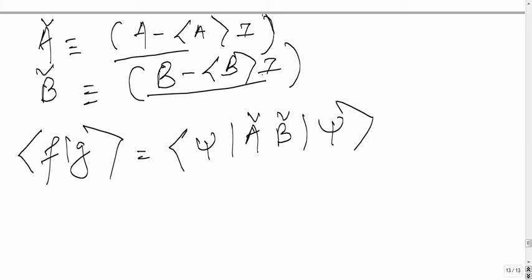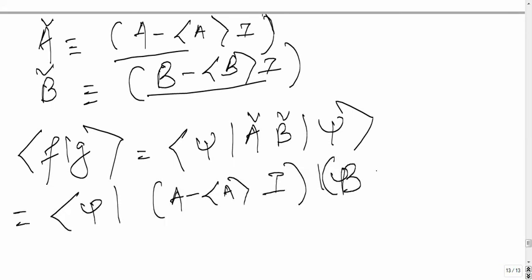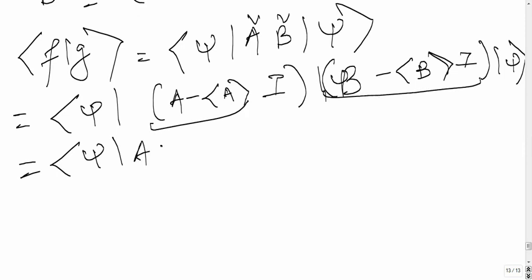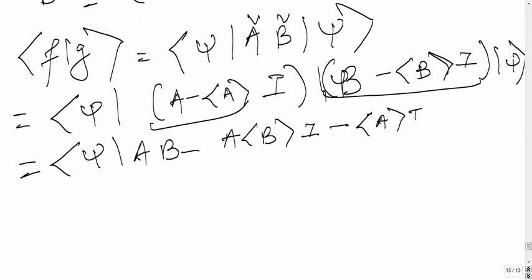So just using the definition of f and g, if you compute the multiplication of these two operators, this would be AB minus expectation of B times A, minus expectation of A times B, plus the product of expectations times I, acting on xi.